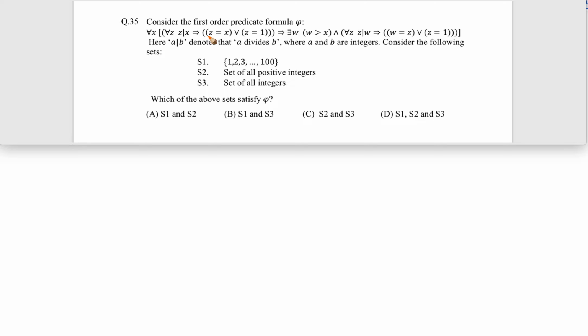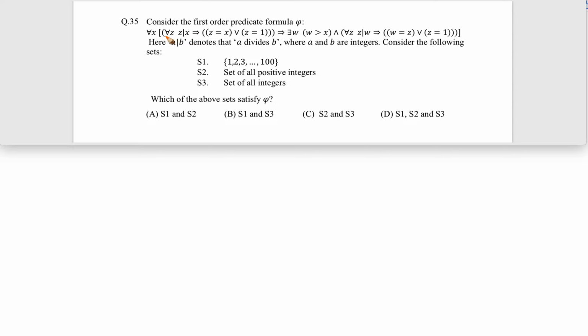So it means that anything which divides x is either 1 or x. It means either 1 can divide x or x can divide x. Do you remember anything like that? Yes, that is a prime number. A prime number is one such thing to which only that same number divides or 1 divides.